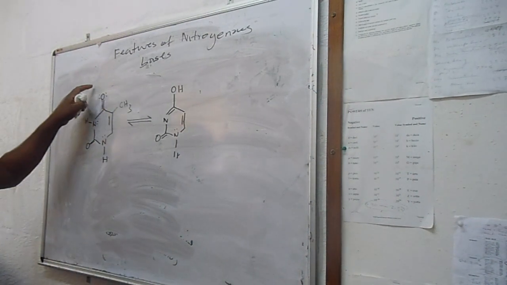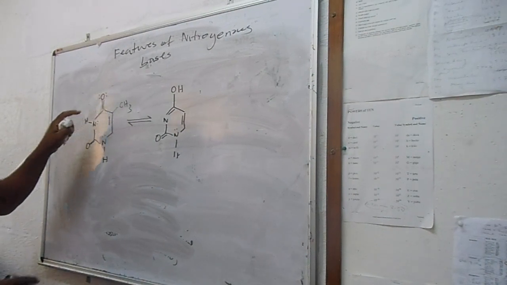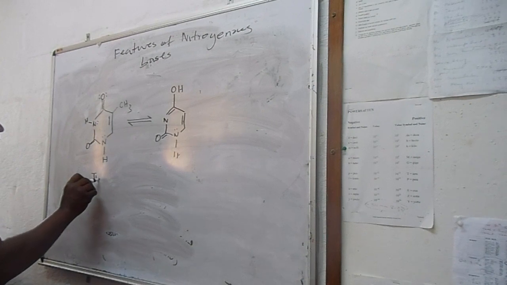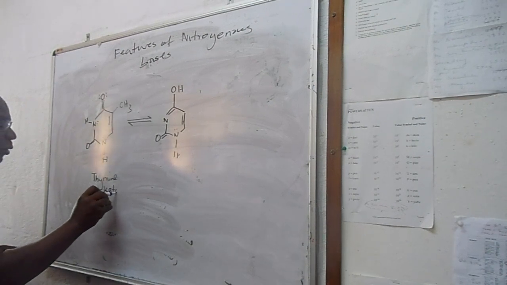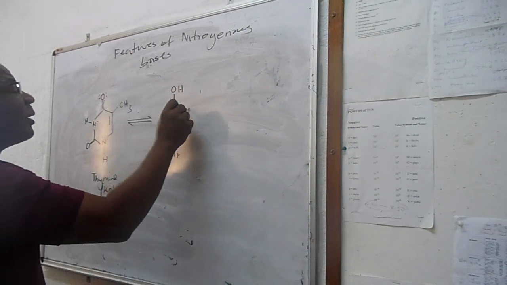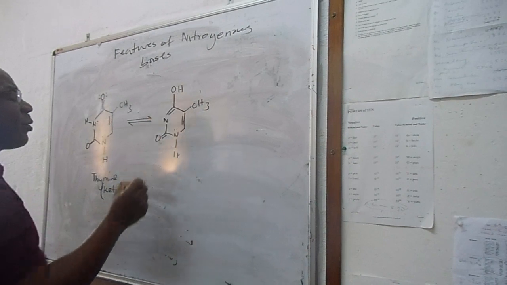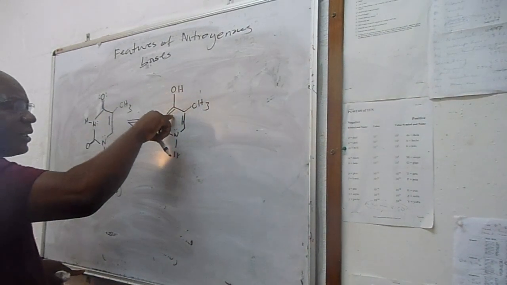So, with reference to this, this is sort of a ketone. So this is thymine, which is existing in the keto form. This is also thymine. Remember, there is a methyl group here. This is also thymine, which is existing as an alcohol and a double bond.